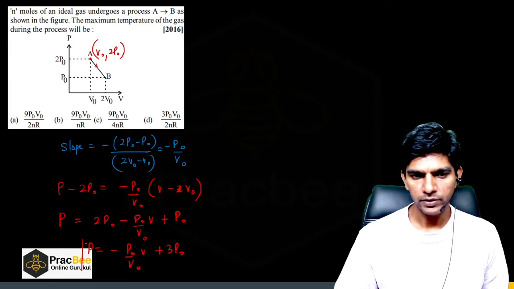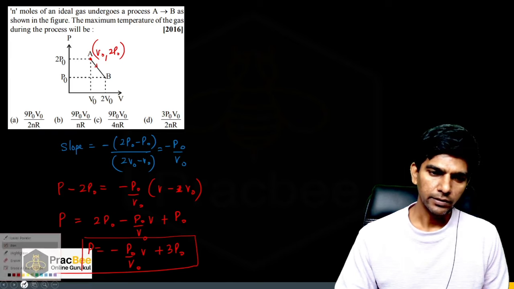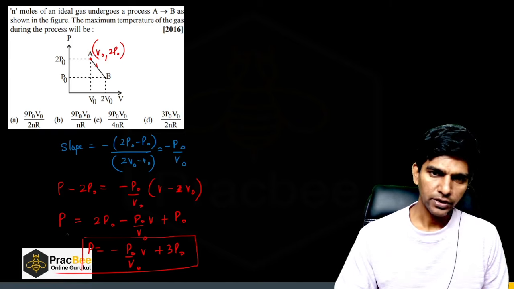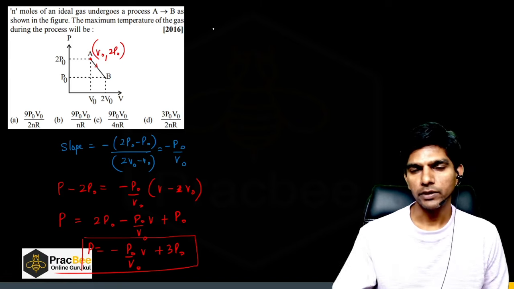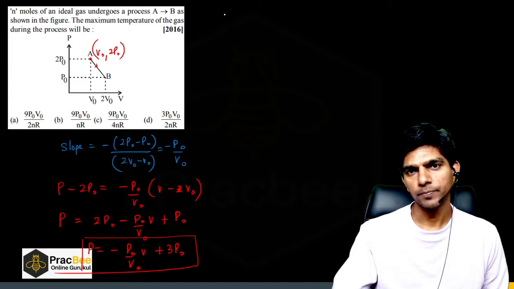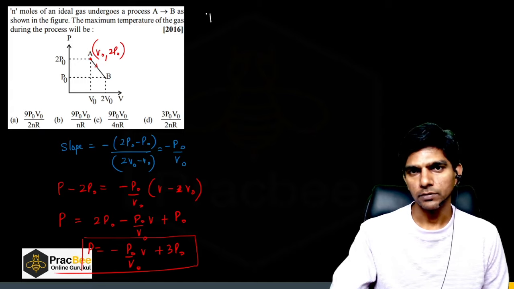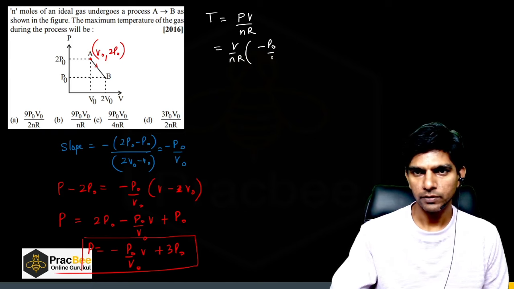So basically we have pressure as a function of volume and we want to find the temperature. Now if I write temperature as a function of volume, then we can use maxima minima and find the maximum value of the temperature. By the ideal gas equation, temperature is PV upon nR. So we can say V upon nR times minus P naught by V naught times V plus 3 P naught.